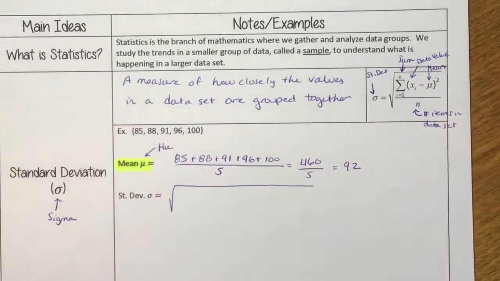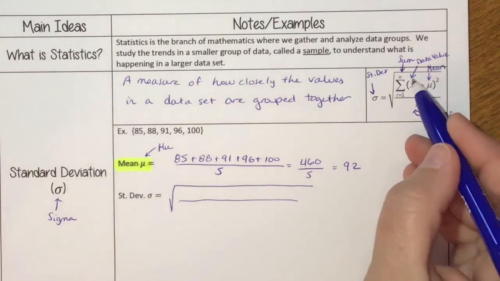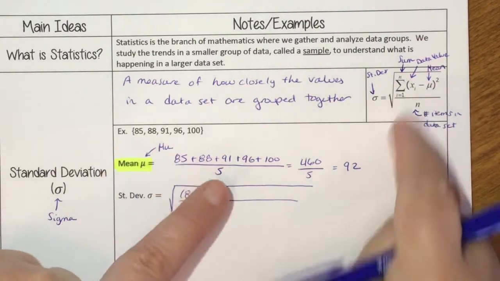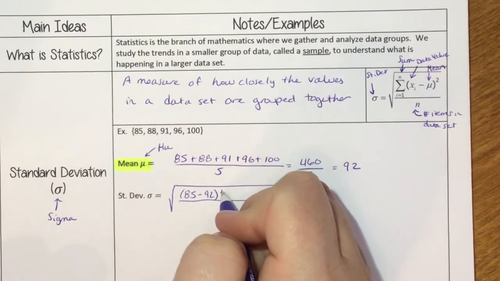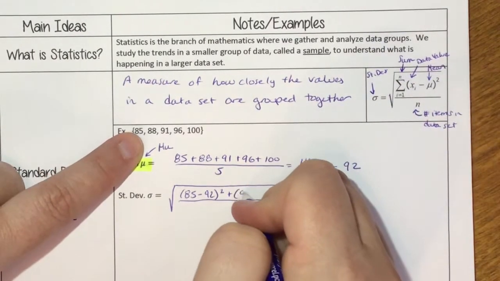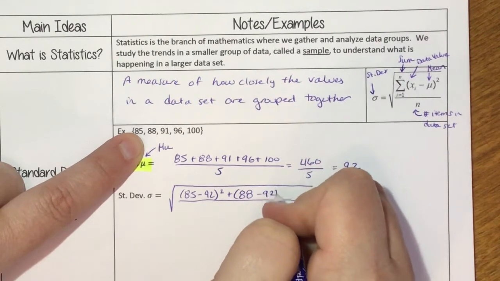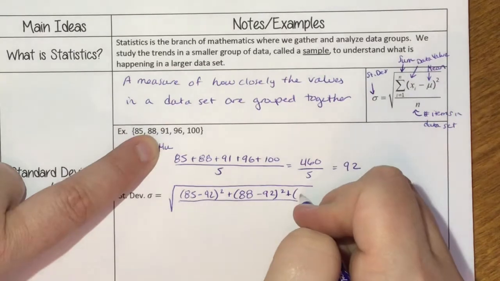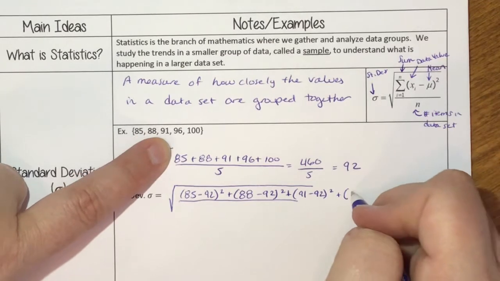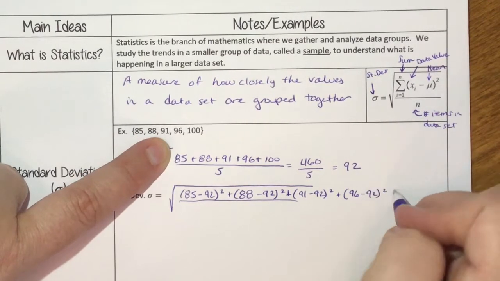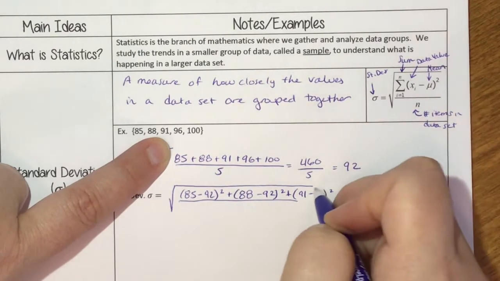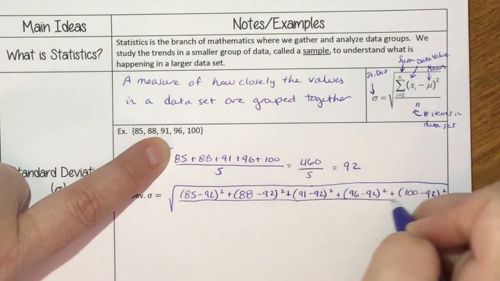So in my numerator, a data value, 85, minus the mean, mu, which we just found was 92, squared, plus, because I'm taking a sum, now I do it with the next data value, 88 minus the mean, 92, gets squared, plus the next data value, 91 minus the mean, 92, squared, plus the next data value, 96 minus the mean, 92, squared, plus the last data value, 100 minus the mean, 92, getting squared. So that sum is in my numerator.